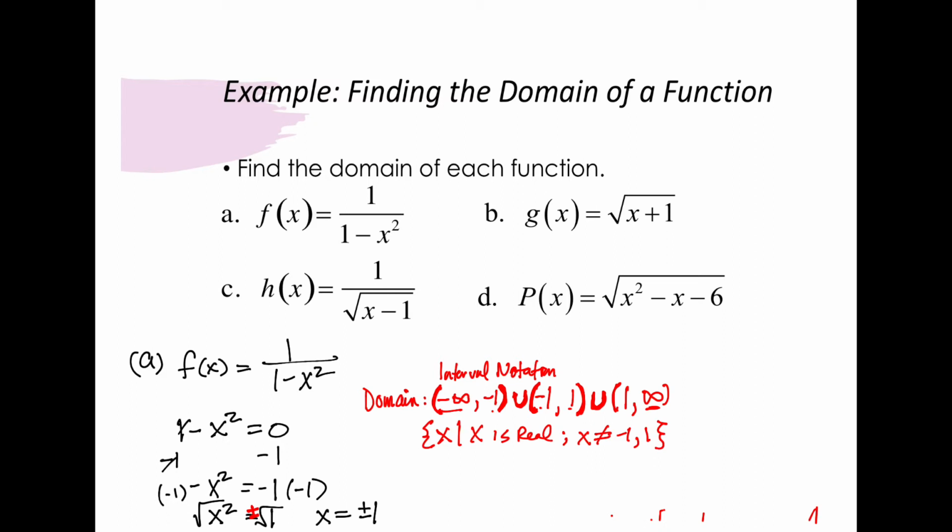We use x, and then this up and down line reads such as, or such that, maybe that is a better word. And then we describe the values of x that are allowed. It's a real number, but it doesn't equal these two values. Okay, so that's our first one. We just have to exclude two numbers that make it not real.